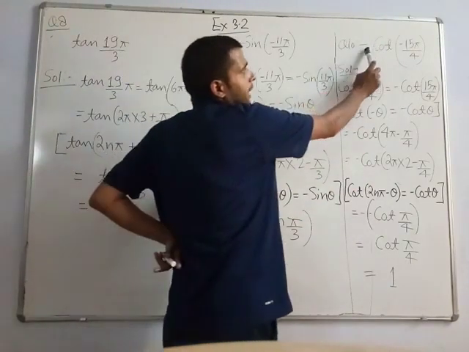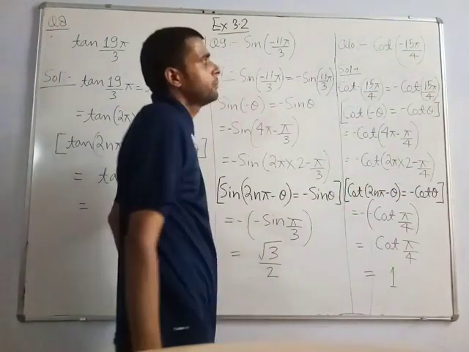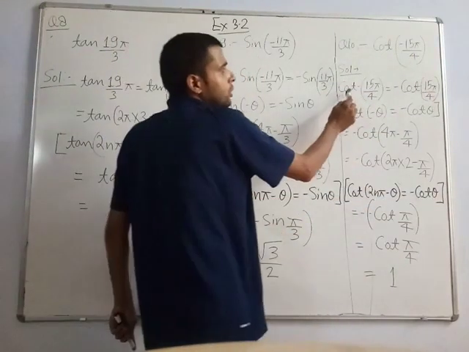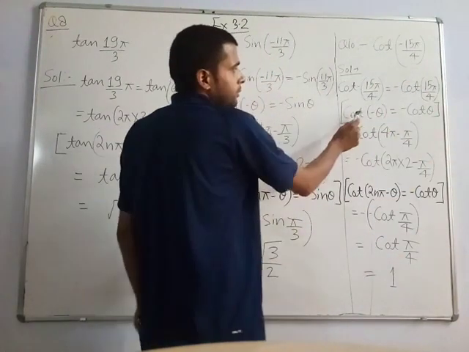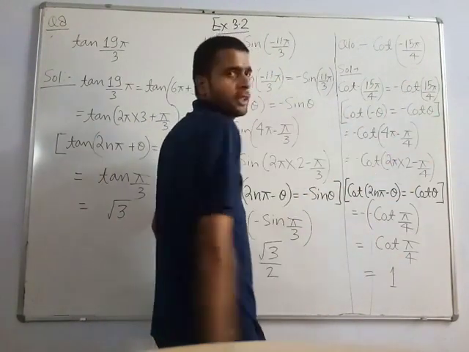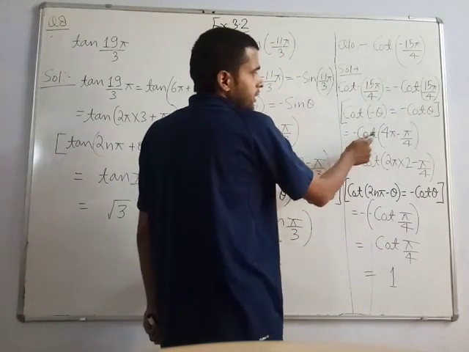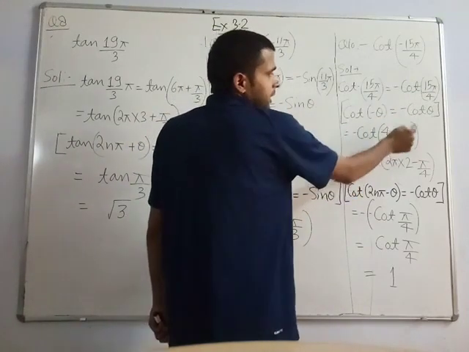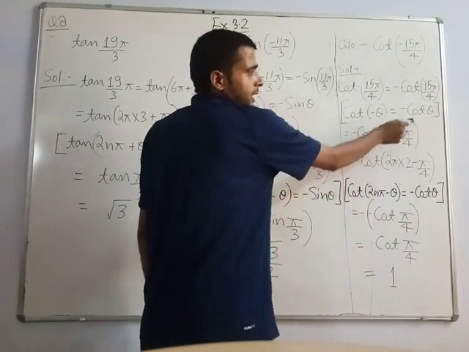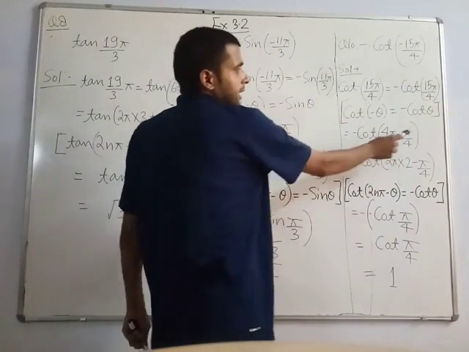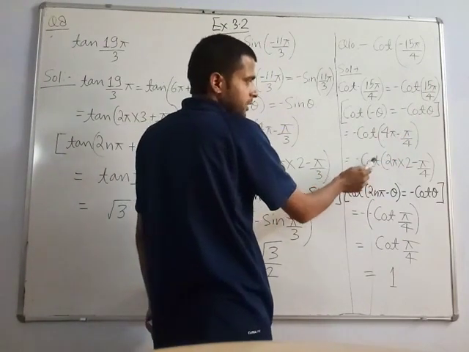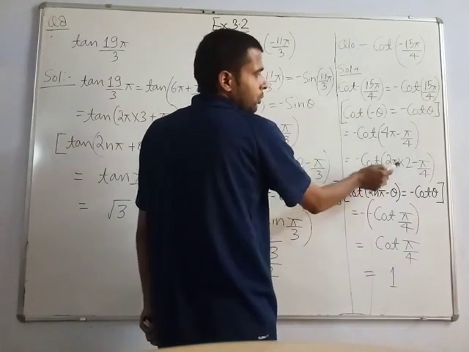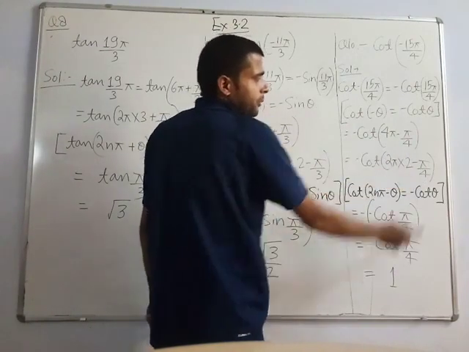Again, cot minus 15 pi upon 4. So cot minus theta equals minus cot theta. Minus cot of 4 pi minus pi upon 4: 4 times 4 is 16, minus pi upon 4, that is 15 pi upon 4. So minus cot of 2 into 2 pi minus pi upon 4.